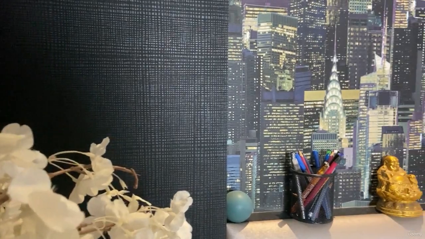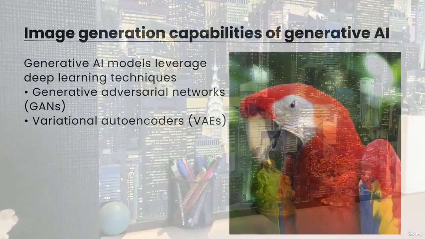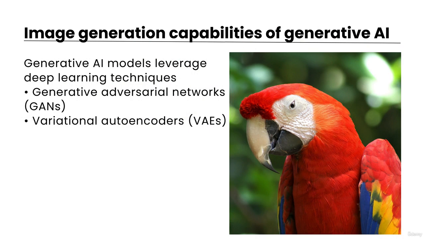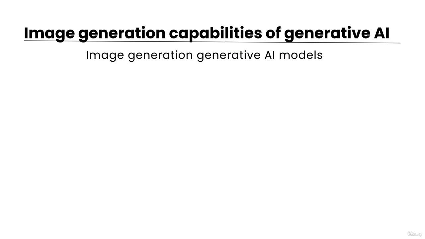Let's look at the image generation capability of generative AI. Generative models can generate high-quality, convincing images based on deep learning techniques such as generative adversarial networks, or GANs, and variational autoencoders, or VAEs. These generated images exhibit realistic texture, natural color, and fine-grained details, giving the impression of a real camera capture.